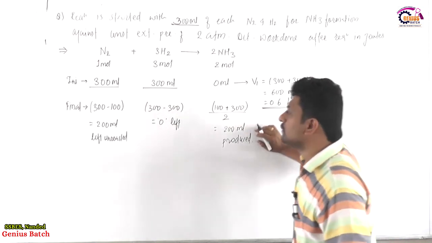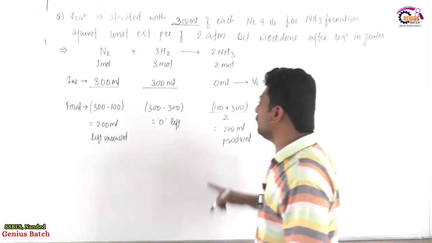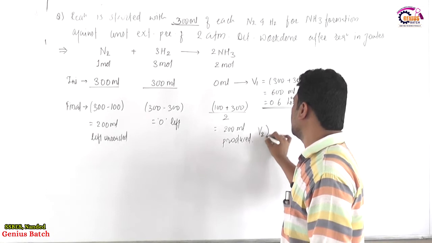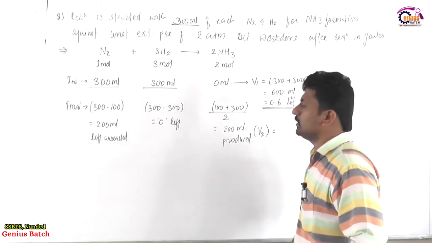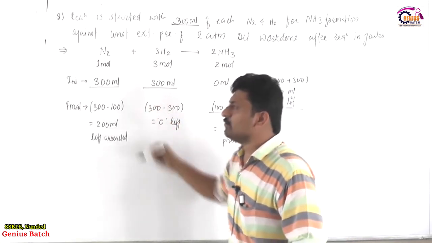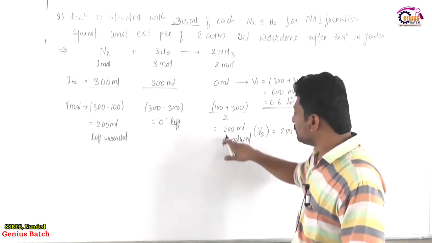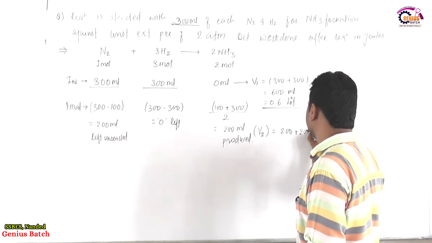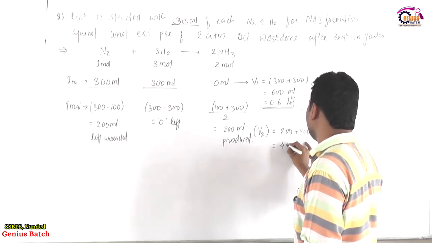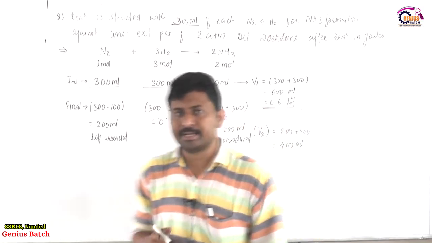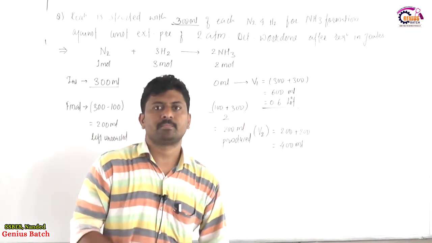Getting it? So after reaction, the final volume we have is our V2 value. So what is V2? This unreacted volume 200 plus this produced volume 200. Total 400 ml is present after reaction in the container.